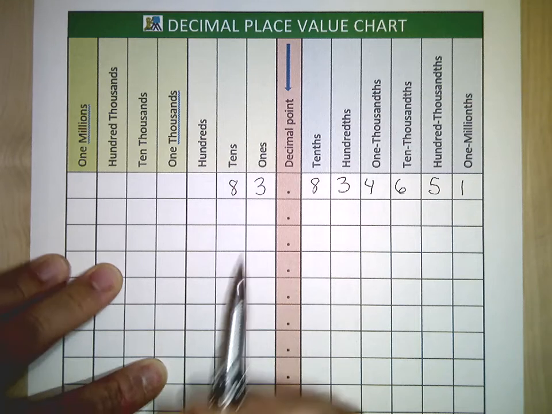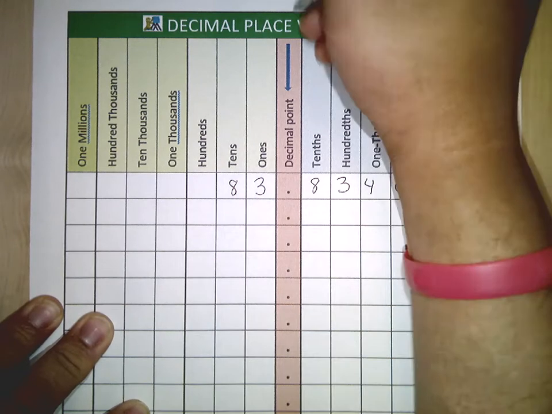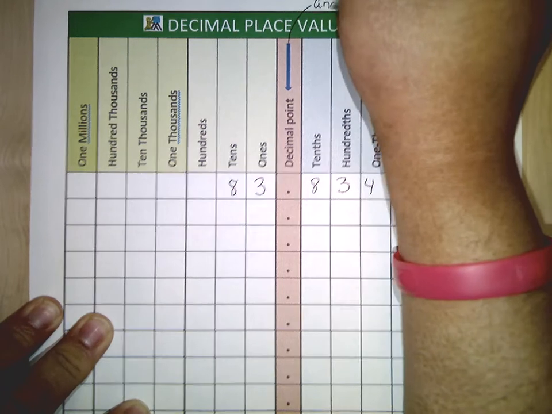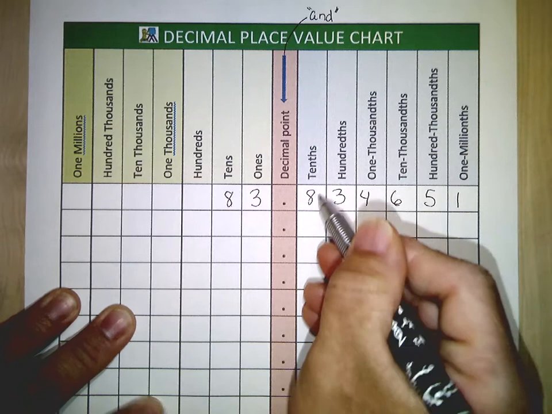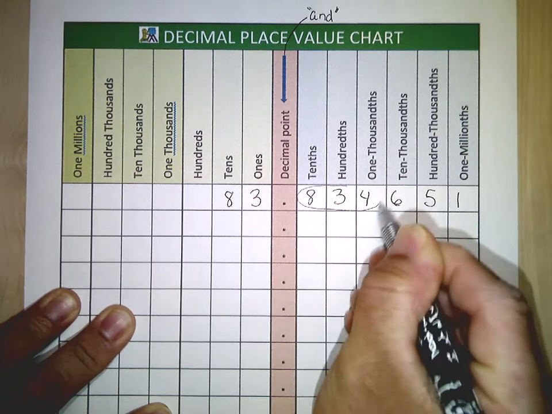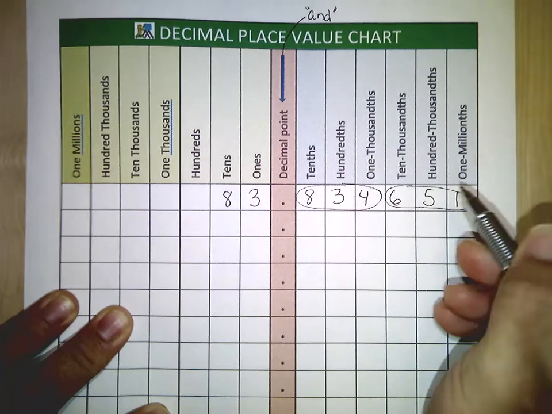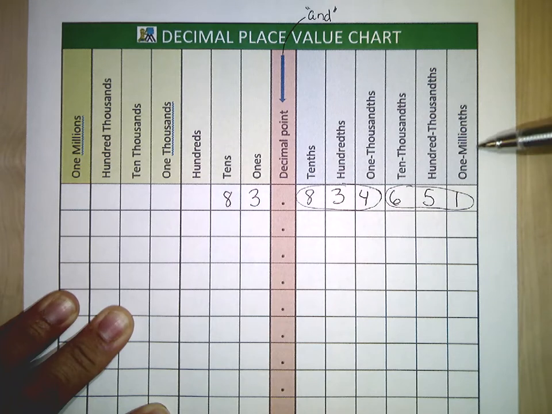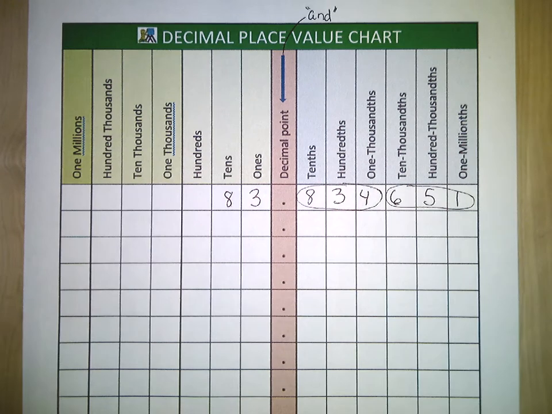So what I have when I'm reading this is 83, and so when I read the decimal point, I'm going to say and. Then I have 834,651. Then I say millionths at the end because the last digit here was in the millionths place.